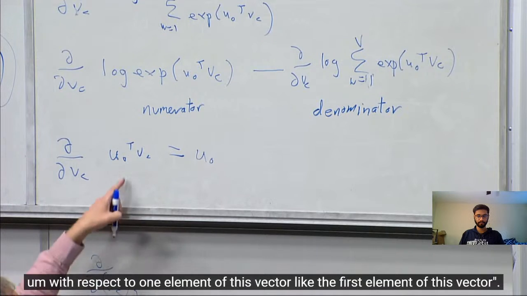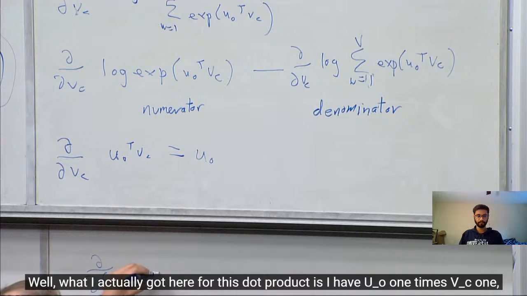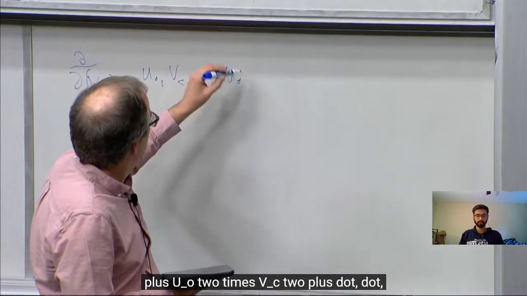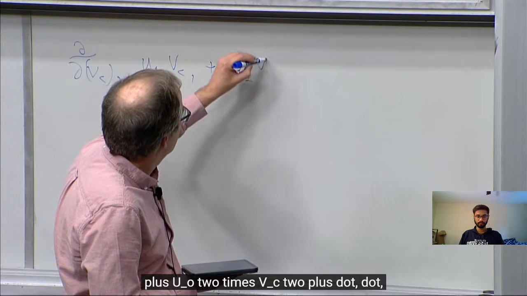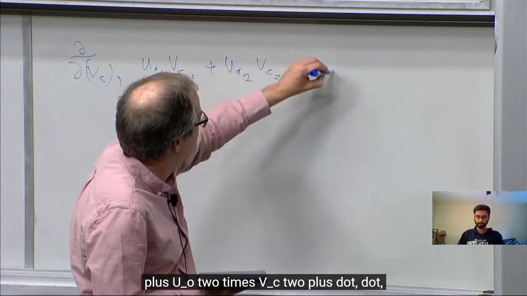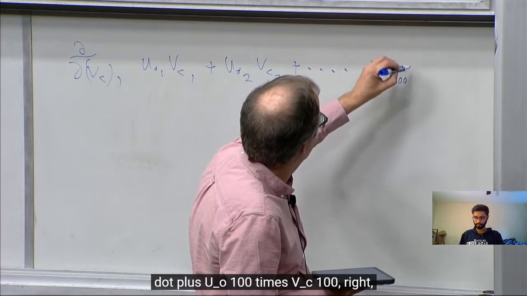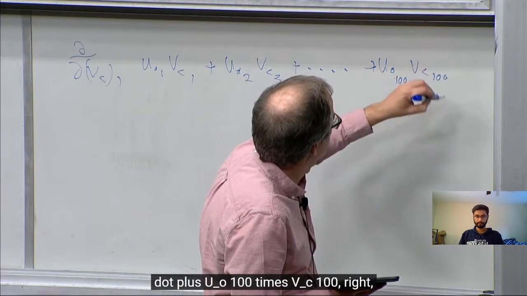What I actually have here for this dot product is uo1 times vc1 plus uo2 times vc2 plus dot dot dot plus uo100 times vc100.